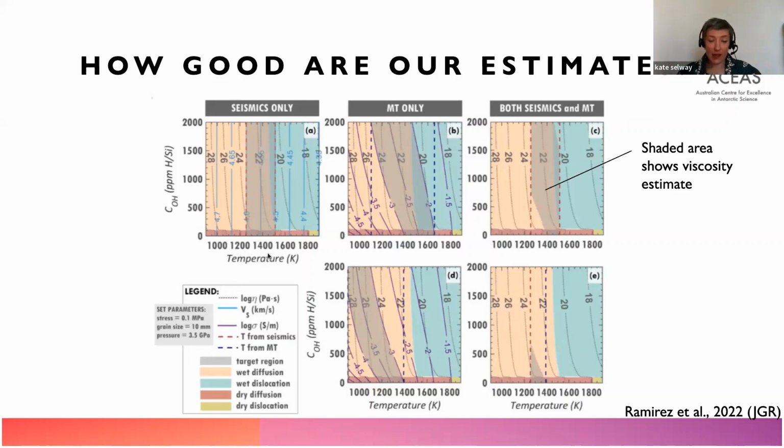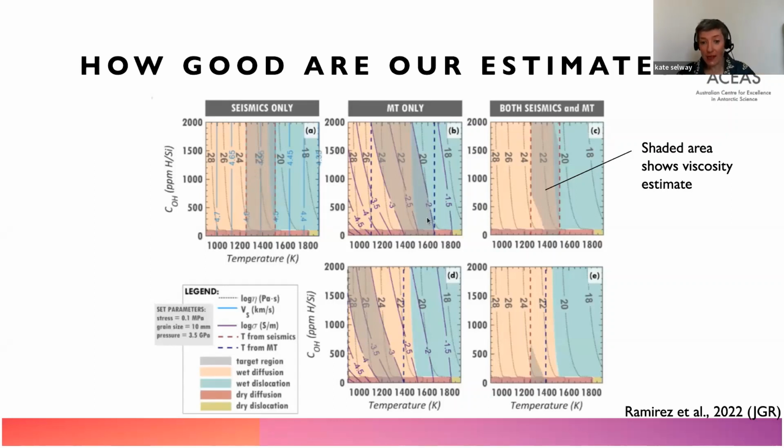So we're imagining we have a seismic velocity between 4 and 4.5 kilometers per second. From that, we can use the mineral physics data to estimate the temperature range that we could possibly have, and that corresponds to the viscosities within that range.